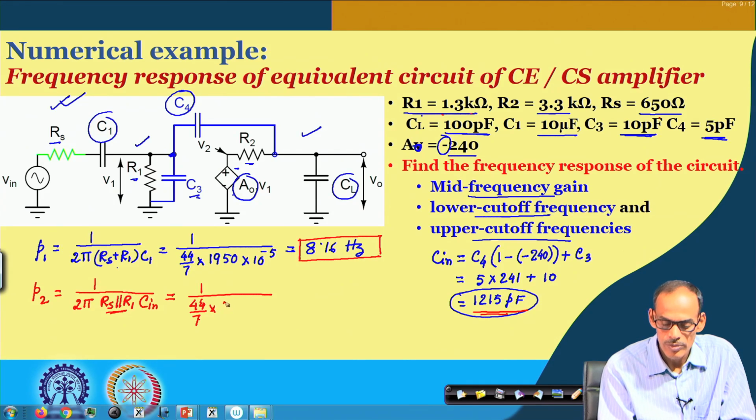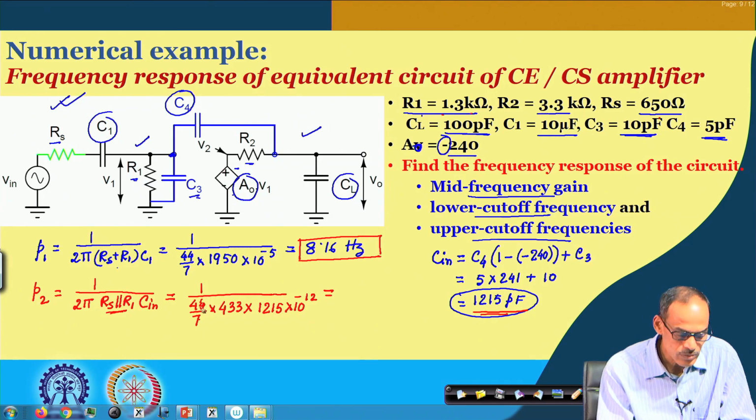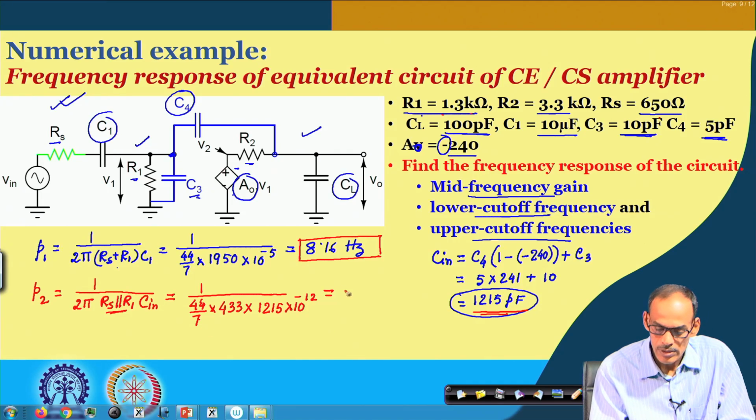In fact, to be more precise, it is 433.3 ohm, and then C in is 1215 into 10 to the power minus 12. And if you do this calculation, what you will be getting is close to 300, and to be more precise 302.4 kilohertz.